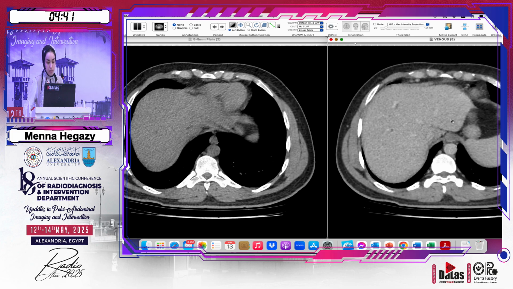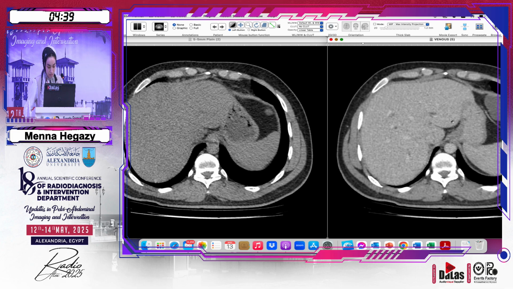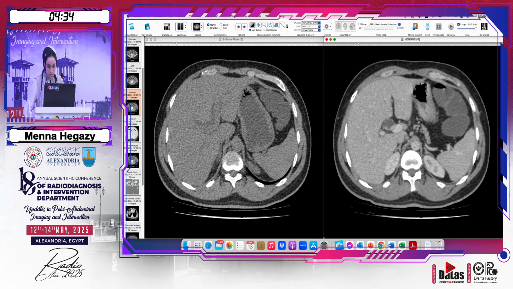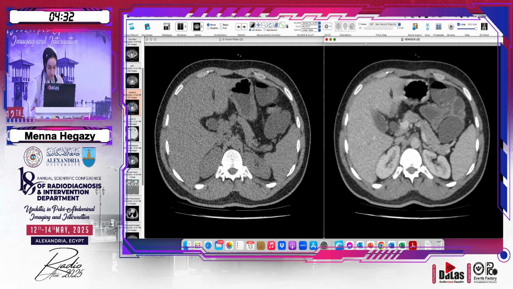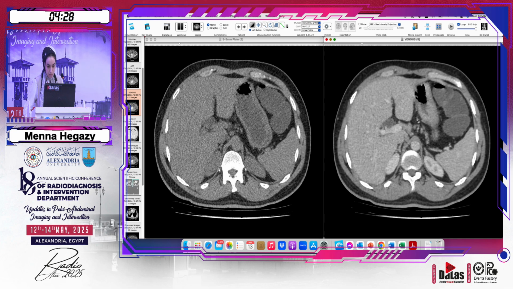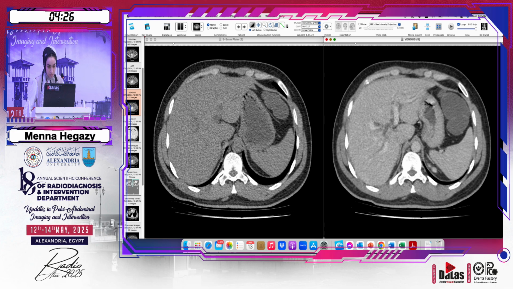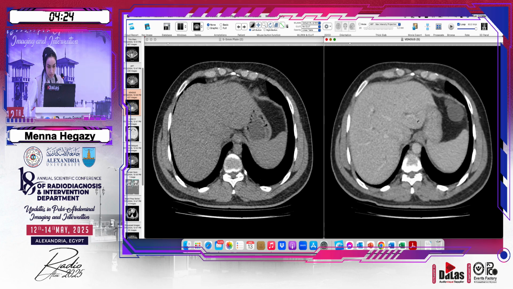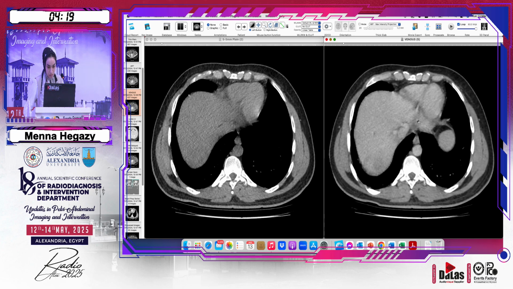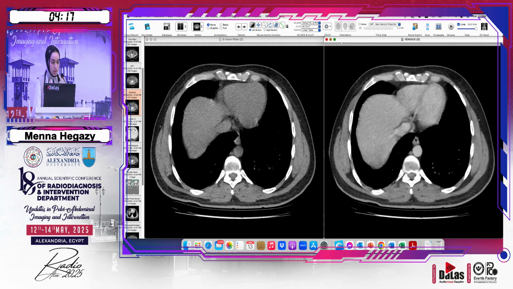This is the venous phase. And this is the arterial.